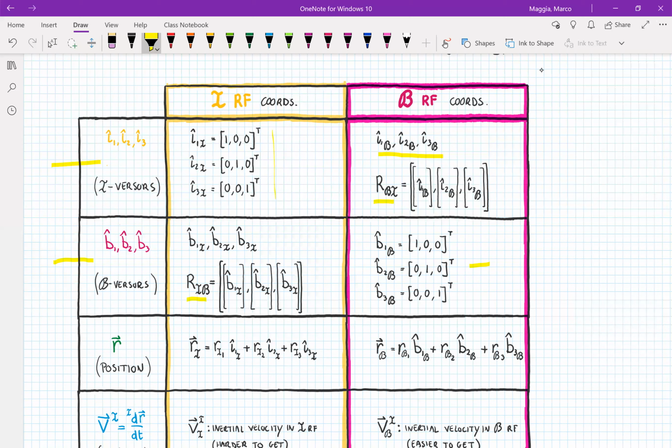Orthonormal adds the fact that the norm of each column is also 1. But anyway, for orthogonal and orthonormal matrices, their inverse is equal to their transpose. So we can simply switch from RBI to RIB by taking the transpose without having to take the inverse, which is usually more of a complex operation.